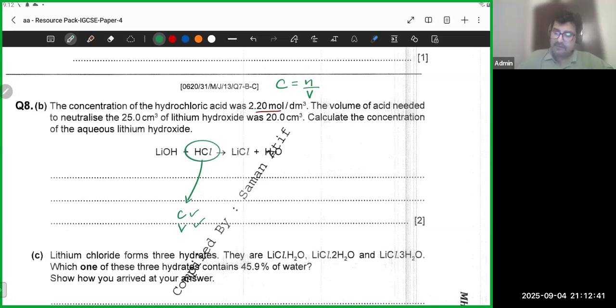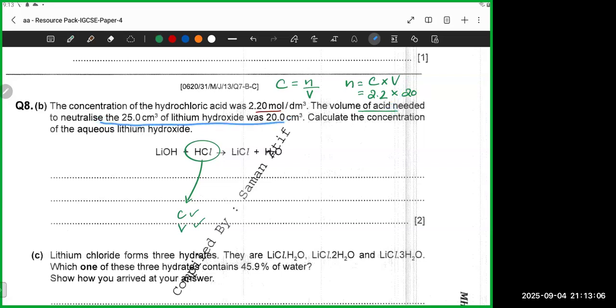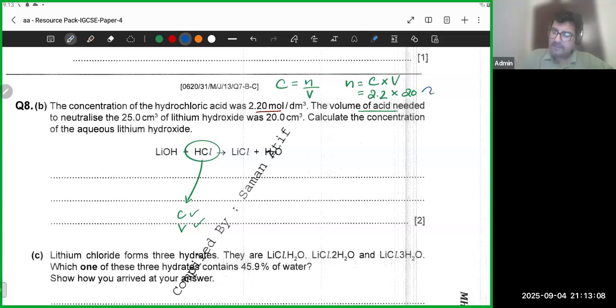Moles would be concentration times volume, right? The concentration is 2.2 and the volume of the acid needed to neutralize this is 20 cm cube. Make sure you read this carefully: the volume of the acid needed. So that's 0.02 dm cube, dividing by 1000. How many moles is this?